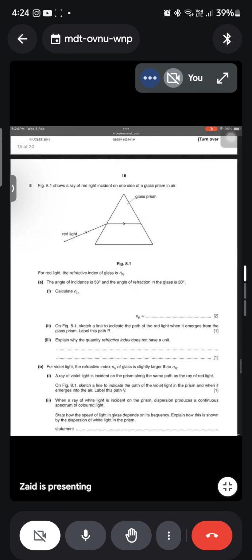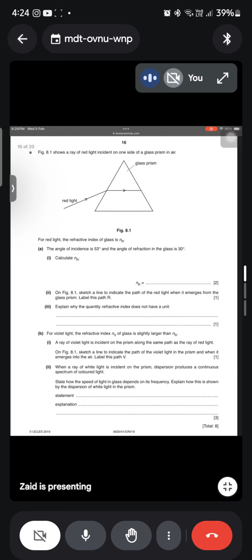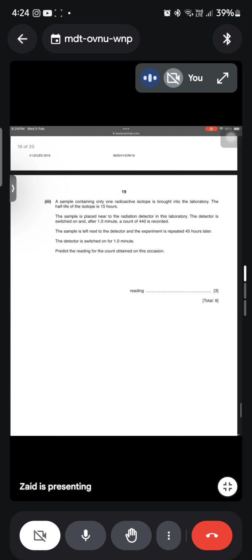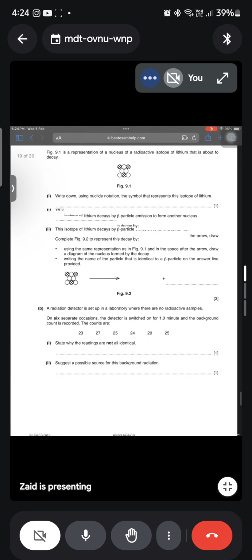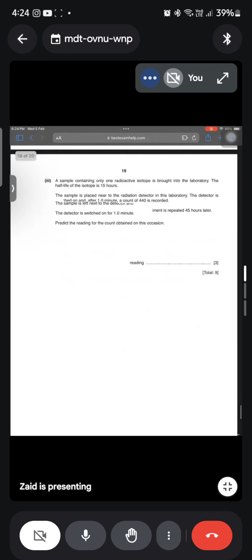Okay, fine. You have been given the incidence and refraction angles, and you have to find the value of the refractive index. Just apply the formula and get the answer. So we have covered this thing. Some they do shuffle.